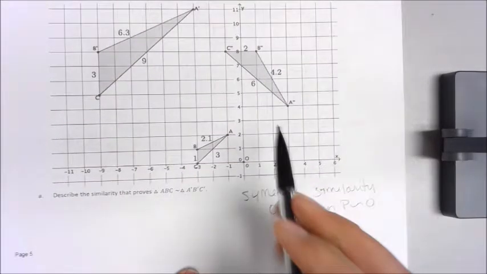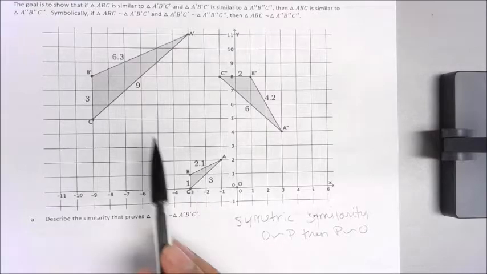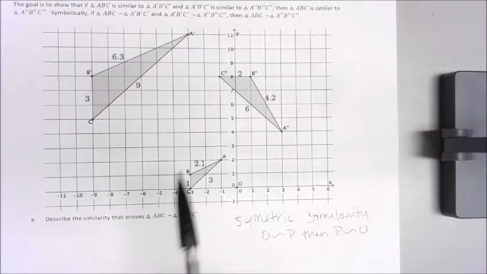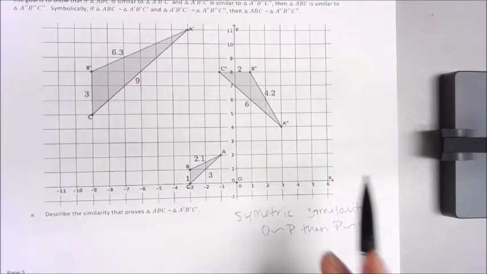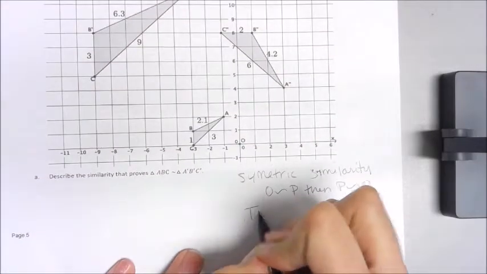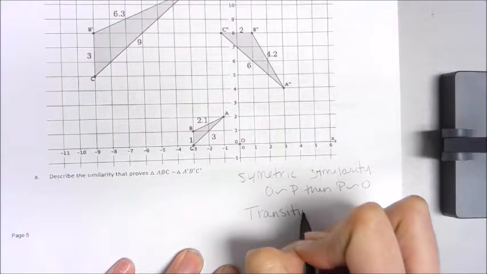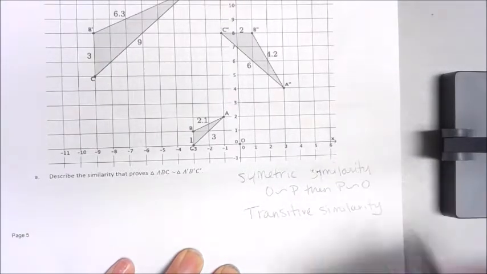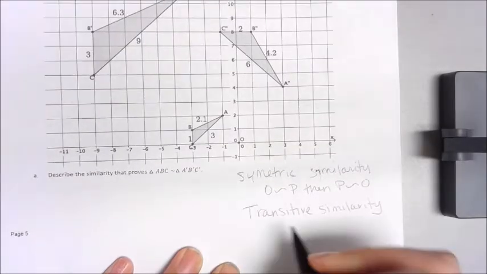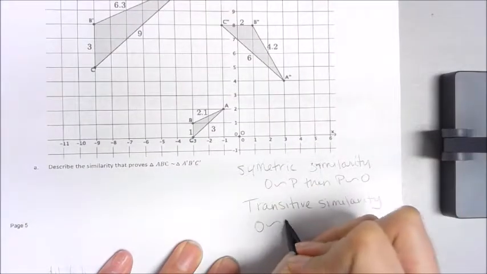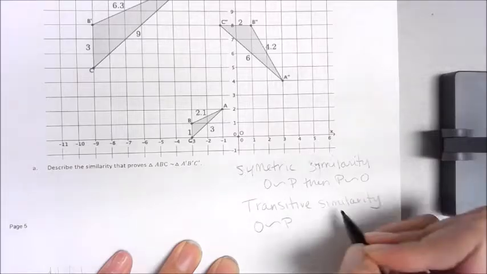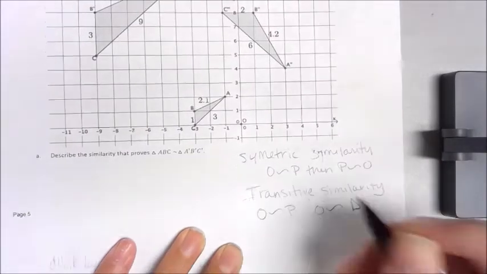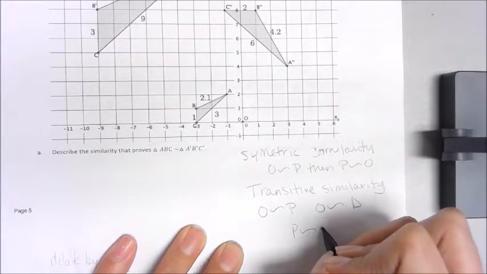Now, if you look at this one, we have all three of these triangles. We also have another type of similarity, and it's called transitive similarity. It says that if we have an original that's similar to the prime, and we have an original that's similar to a double prime, then we know that the prime is also similar to the double prime.